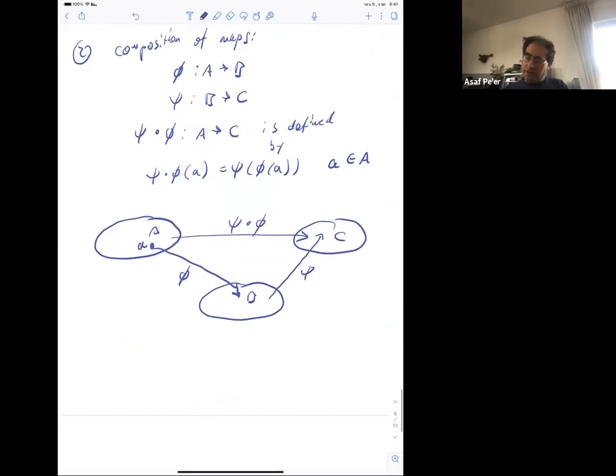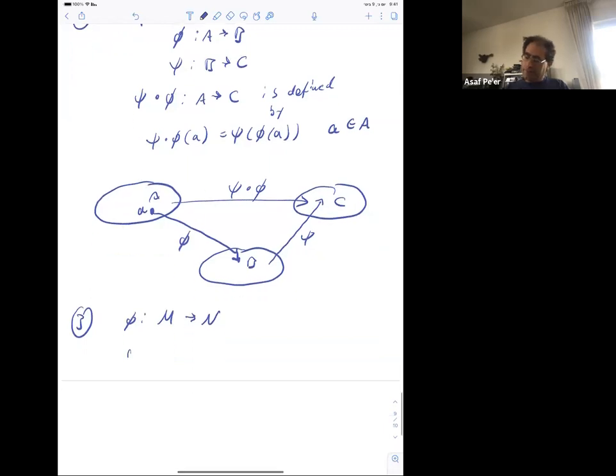Then we have the definition, of course. If we have a map phi between M and N, it's called one-to-one if each element of N has at most one element of M mapped into it.